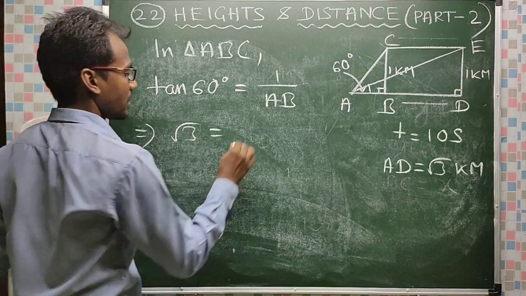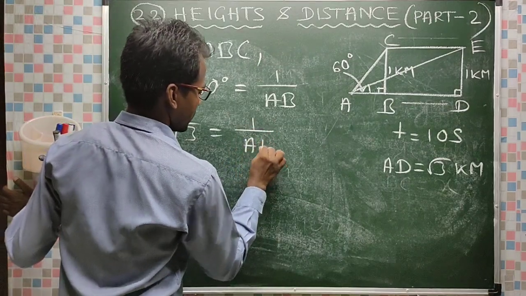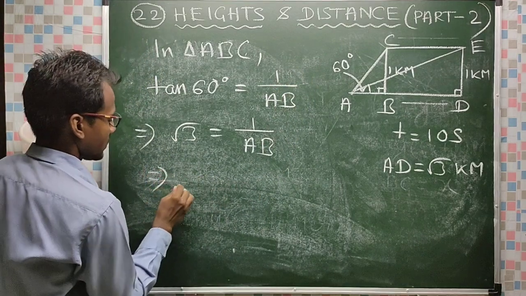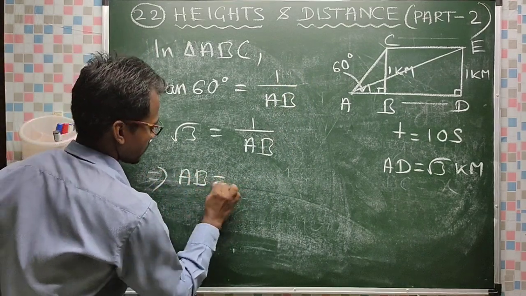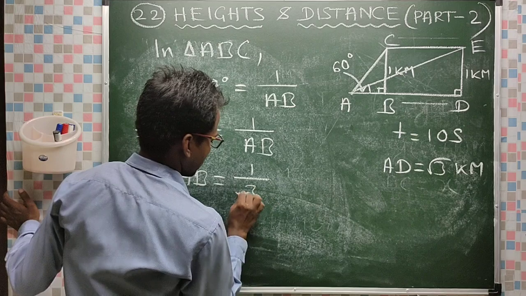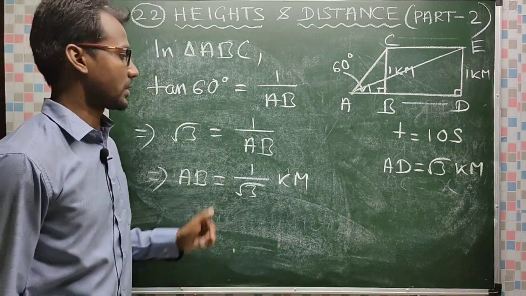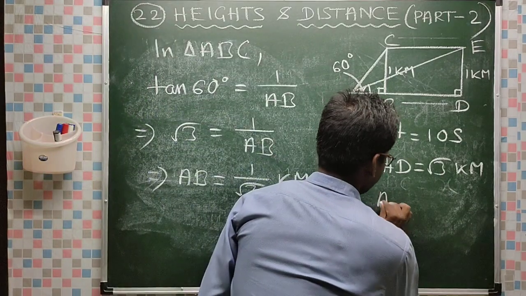Tan 60 is root 3, equal to 1 by AB. 1 means 1 kilometer. Okay. So AB is equal to 1 by root 3 kilometers. Okay. So this is AB.